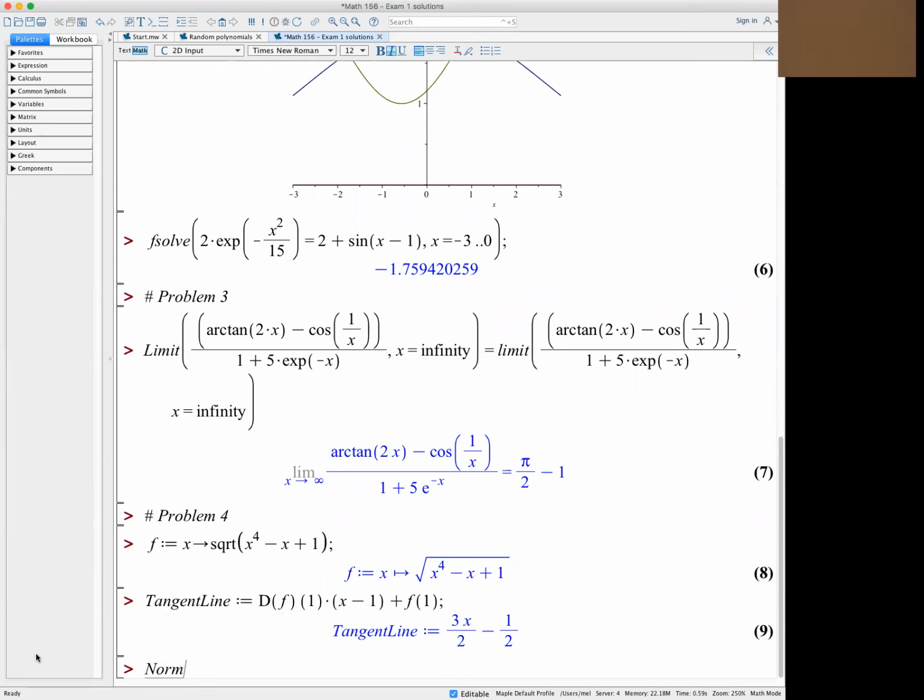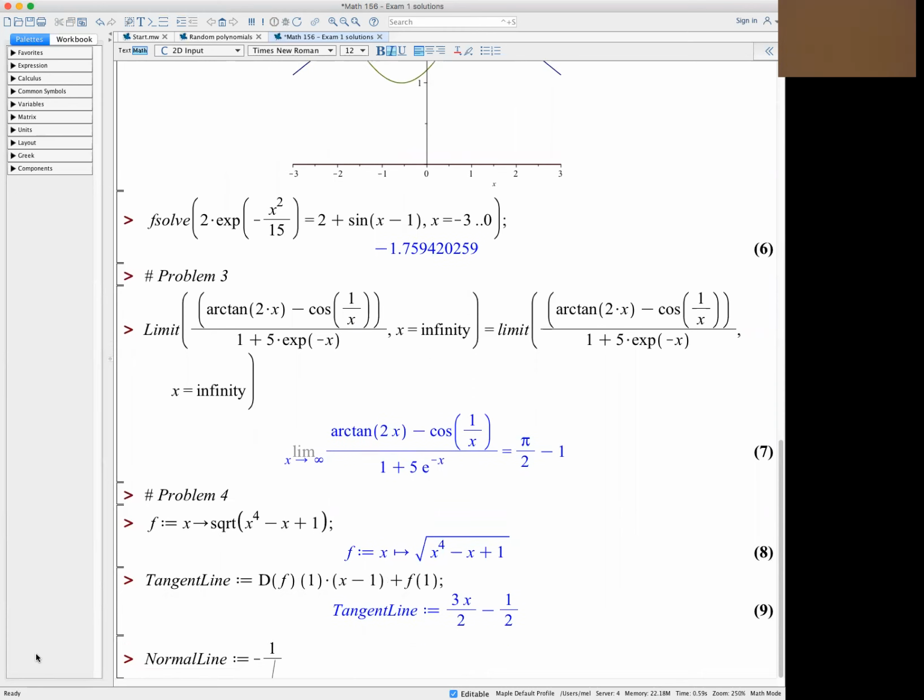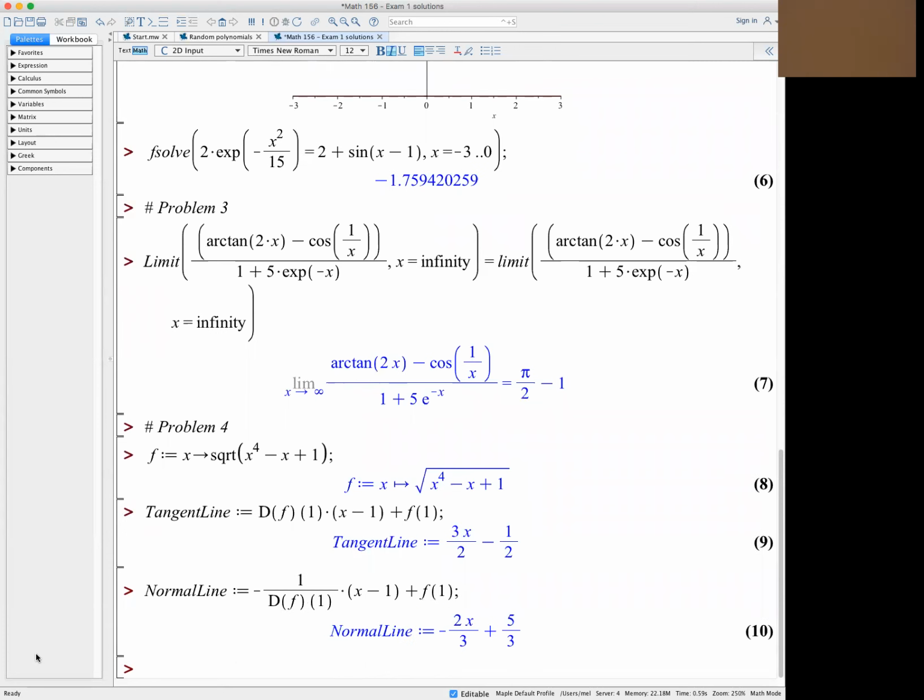And the normal line has slope, which is the negative reciprocal of the slope of the tangent line. So let's just see if this works.